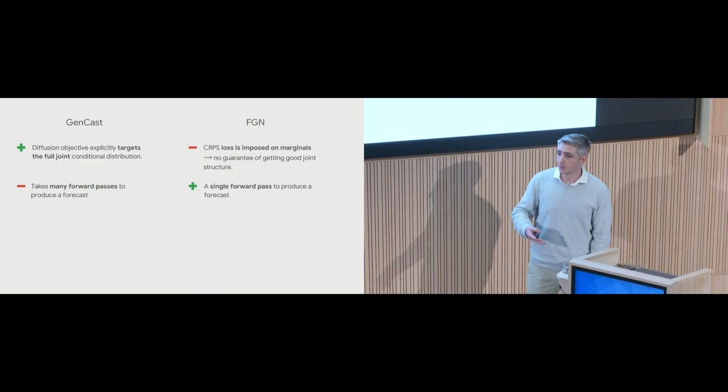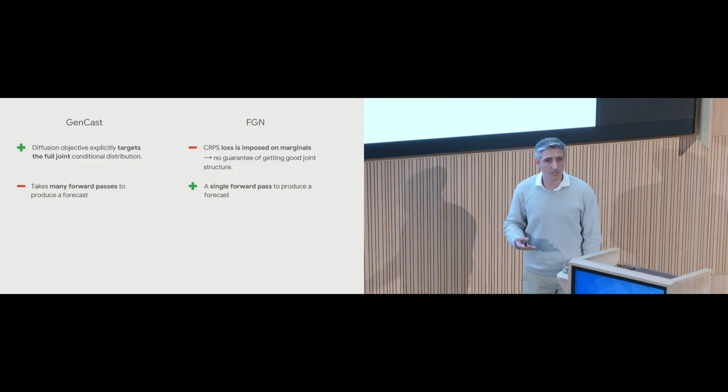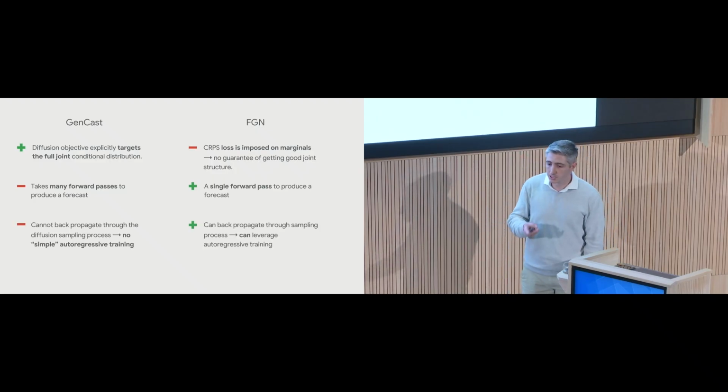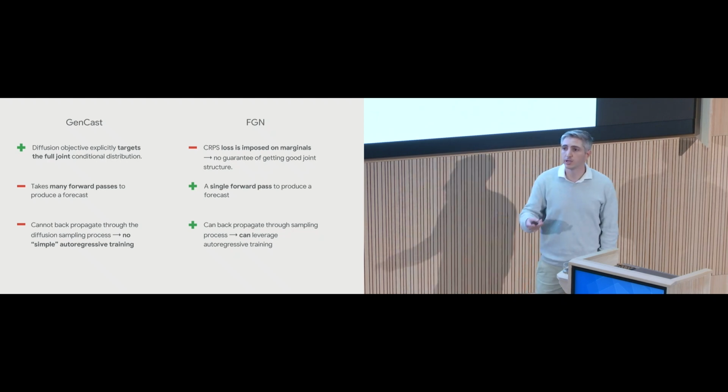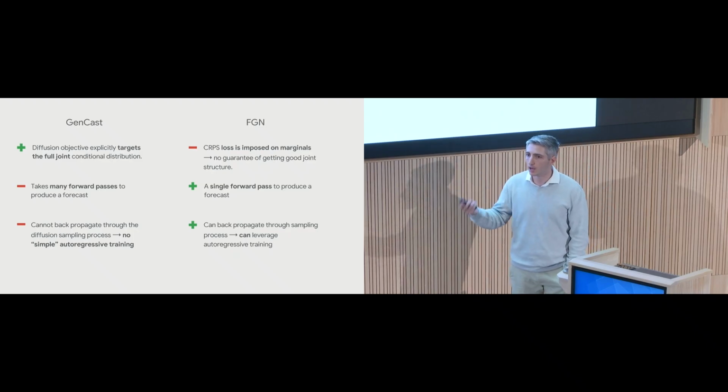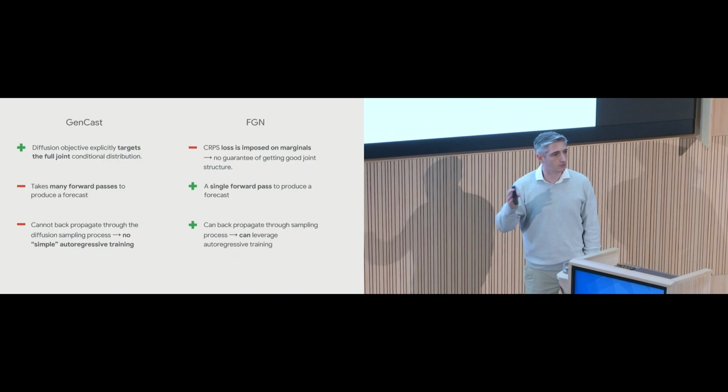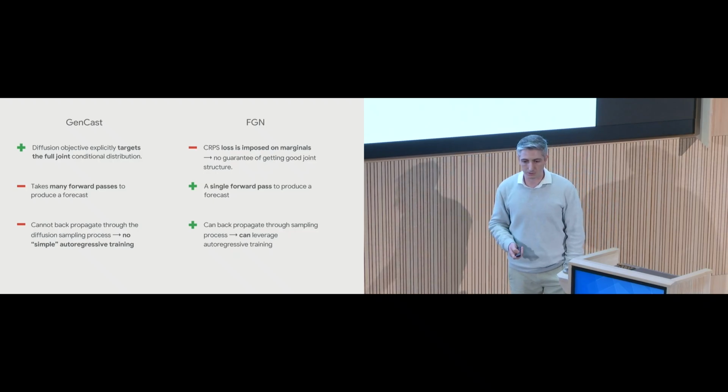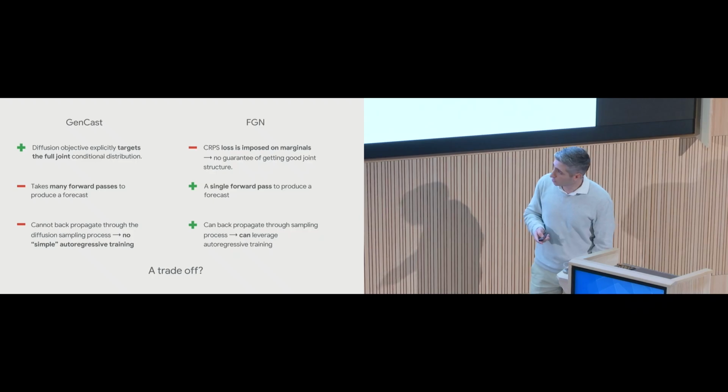On the other hand, we've got a single forward pass and not many forward passes. We're likely to be much more efficient. And given this simple sampling procedure, we are in a context again where we can do autoregressive training. We can roll out the model multiple steps, calculate the CRPS of the two samples at each step, and backpropagate all the way through. So do we have a trade-off?